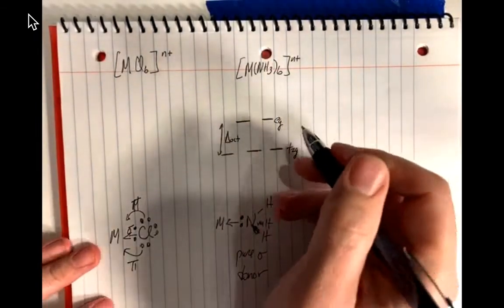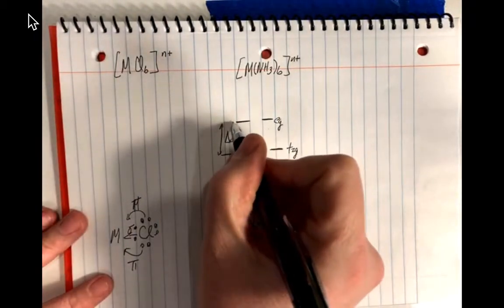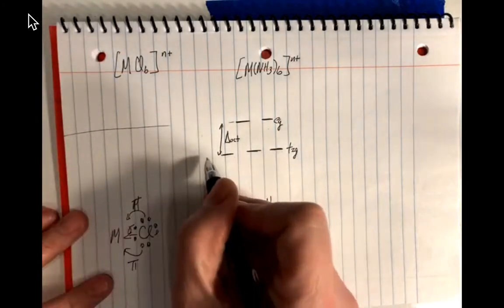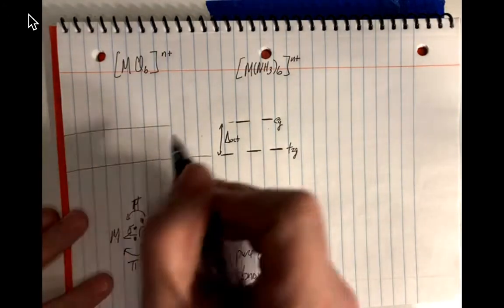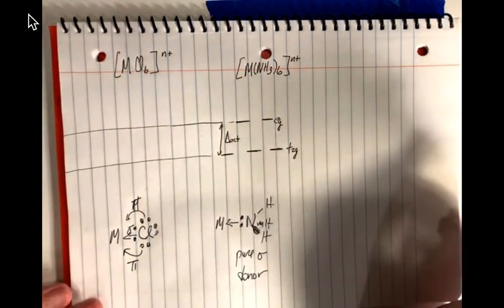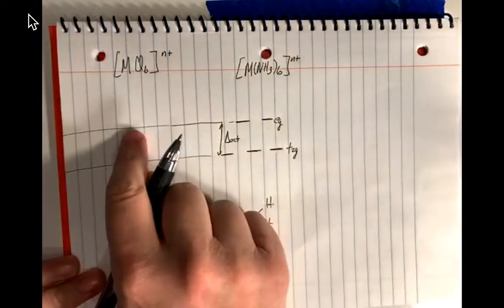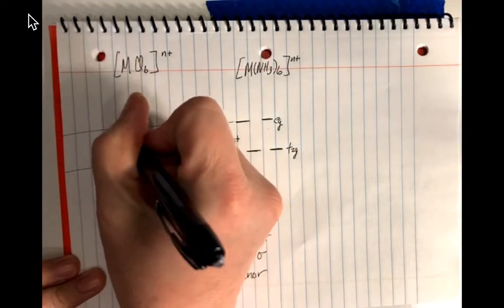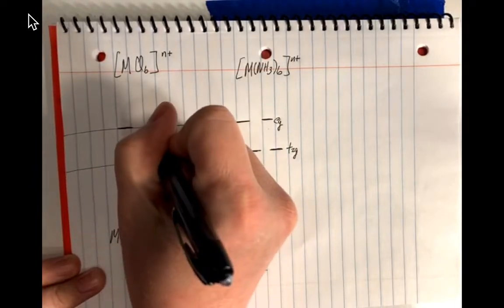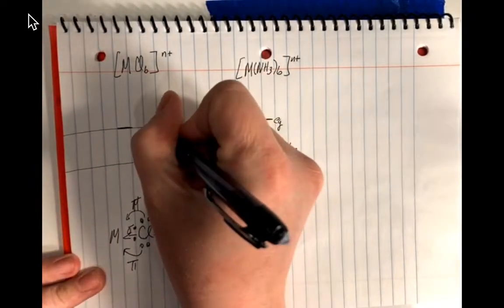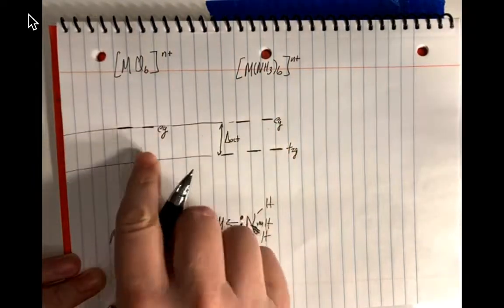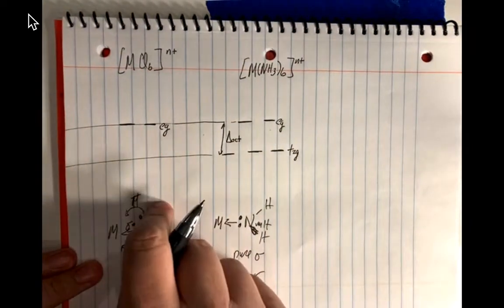And let's see what this does to the energies. Well, to a first approximation, it doesn't do anything at all to the EG set. The EG set stays in place. So this empty EG set stays in place.